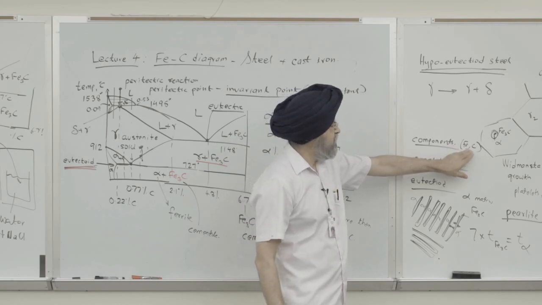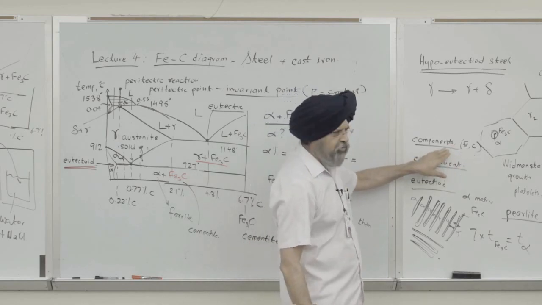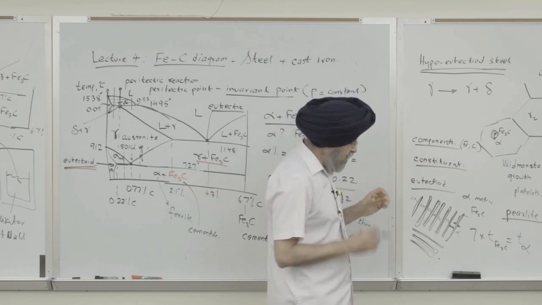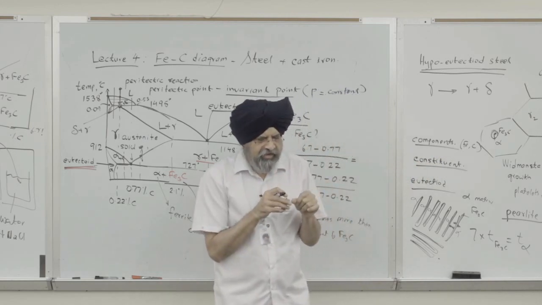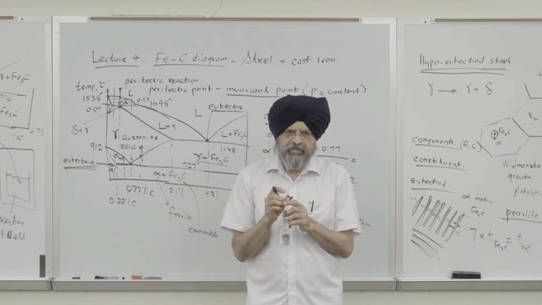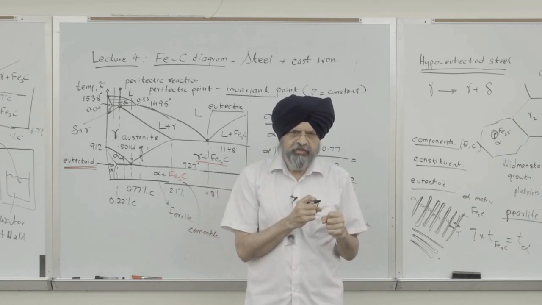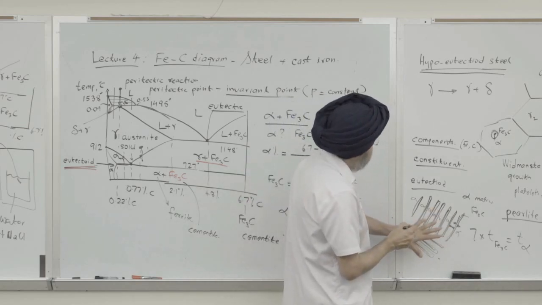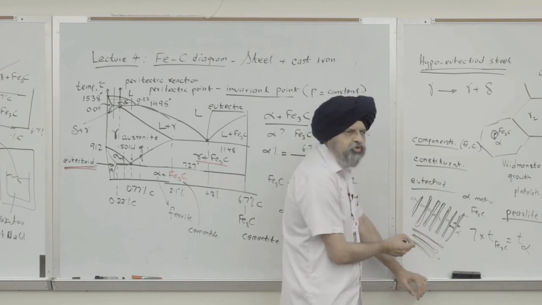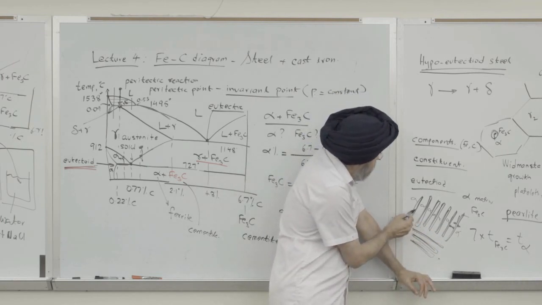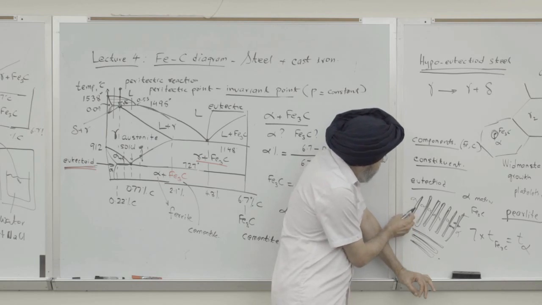So the elements in the alloy are called components. The constituents are when you look in a microscope, you see a dark region and a bright region. So a bright region is a constituent, the dark region is a constituent. Now, if you look at this pearlite, at very high magnification, it has two constituents. One is alpha, the ferrite, and one is cementite.